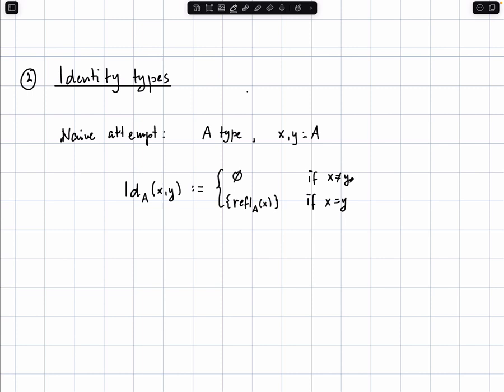There are no negated equations anywhere. So what we do instead is we give conditions under which we have this element. And if those conditions are not satisfied, then we don't have this element. There will still be a question of how you know it's empty when they're actually different, but that's something that we'll discuss later.